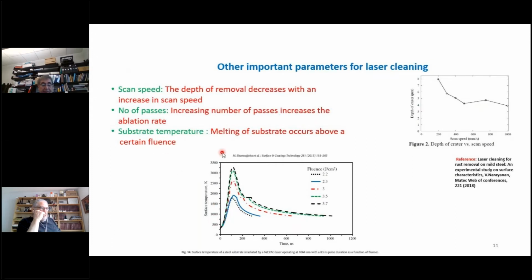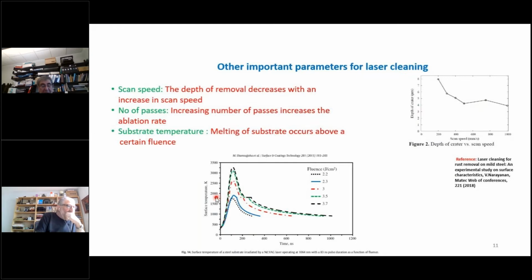Here is a plot by the author Shamsujoha about removing rust or paint from a stainless steel surface, and you can see that as long as the fluence stays below 2.3 joules per centimeter square, there are reasonable temperatures here.